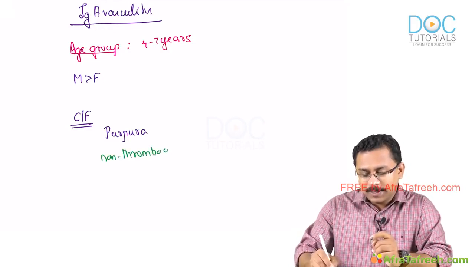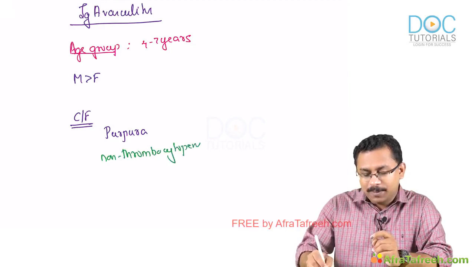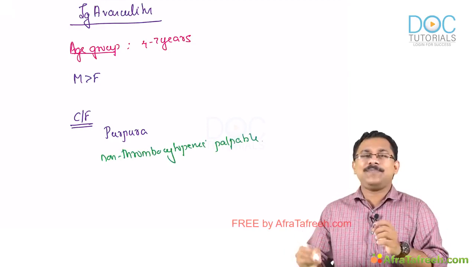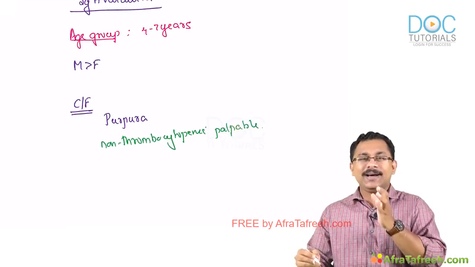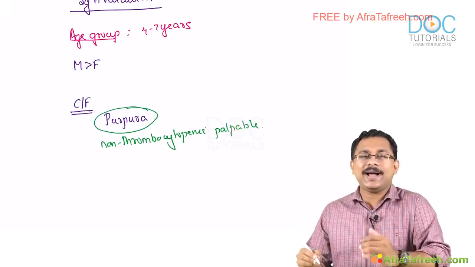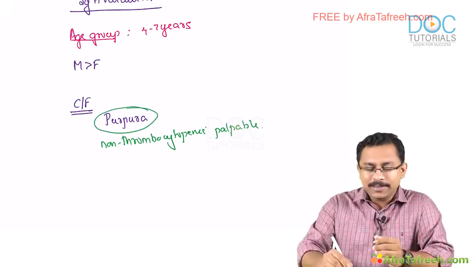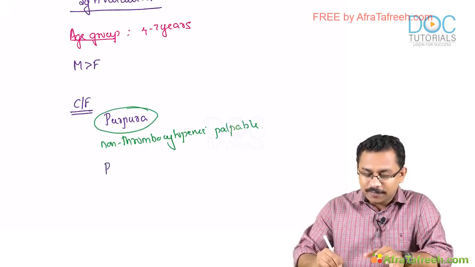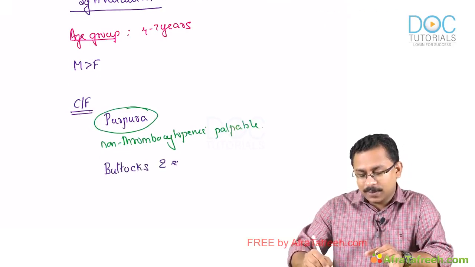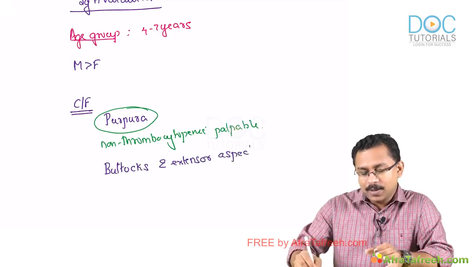Non-thrombocytopenic palpable purpura you get in case of IgA vasculitis. And very interestingly, this purpura in HSP is predominantly located in the region of the buttocks and the extensor aspects, buttocks as well as the extensor aspects.